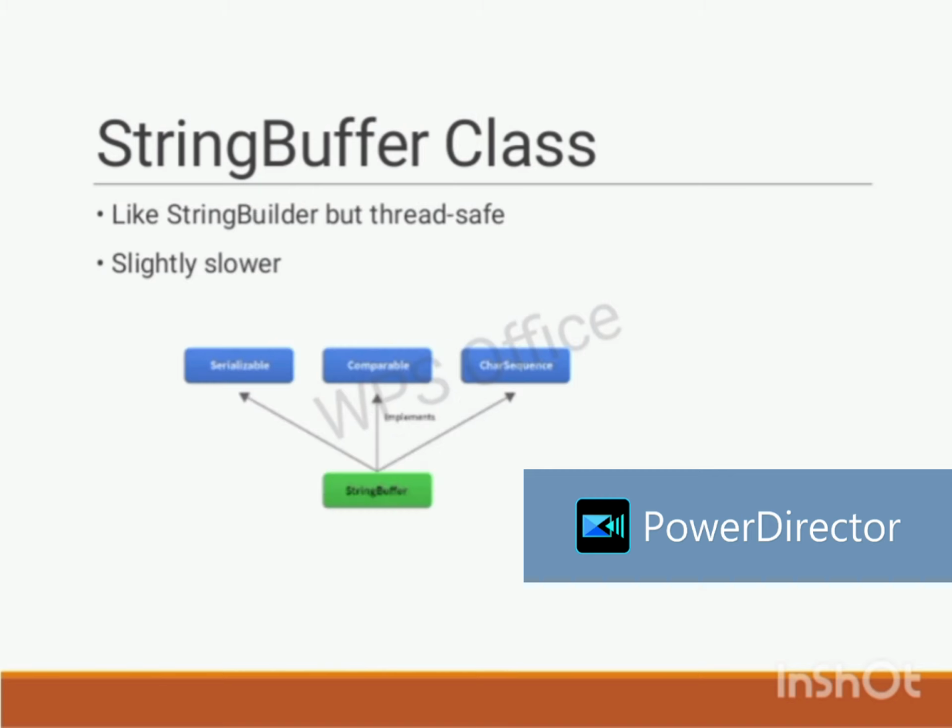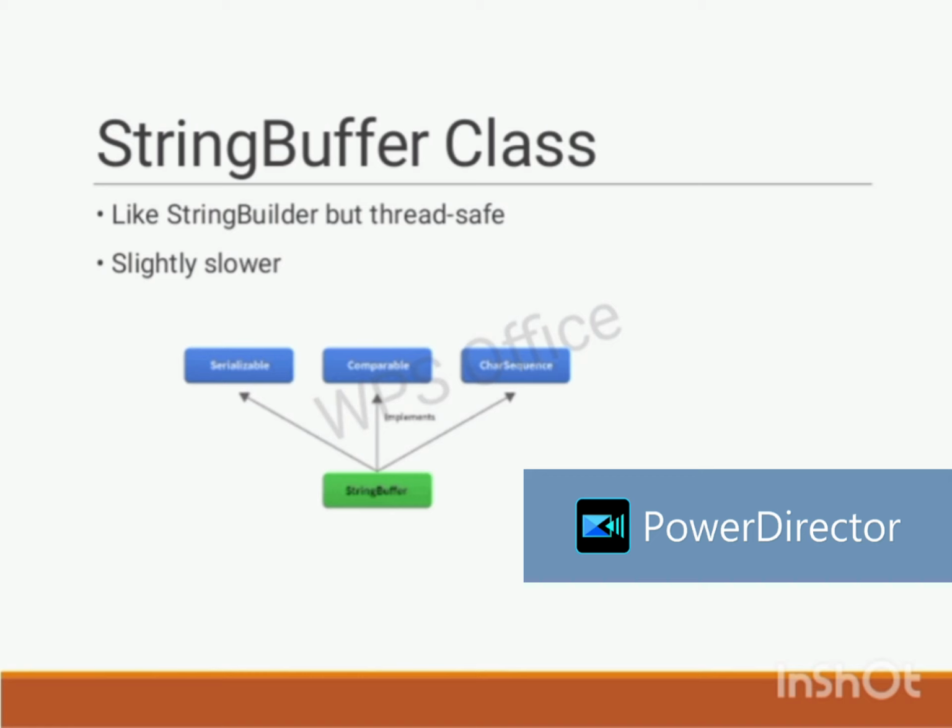The StringBuffer class. Just like StringBuilder, the StringBuffer class is also used for mutable strings, but what sets it apart is that it's thread safe, meaning multiple threads can safely access it without causing data corruption. StringBuffer offers the same methods as StringBuilder: append, insert, delete, reverse, and more.